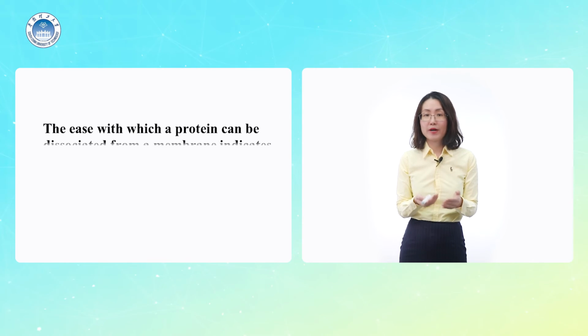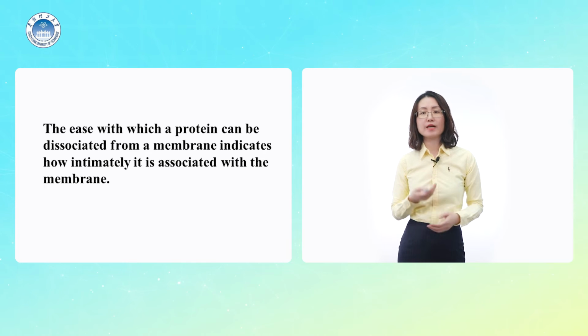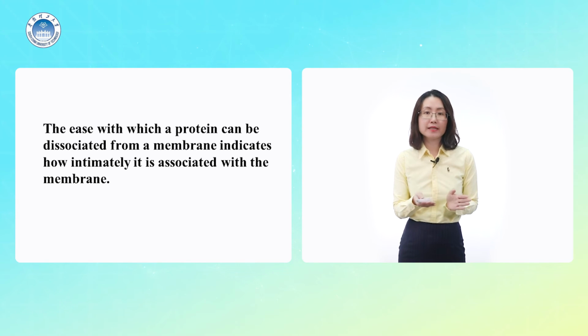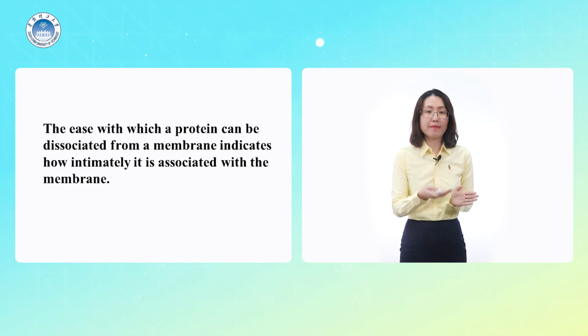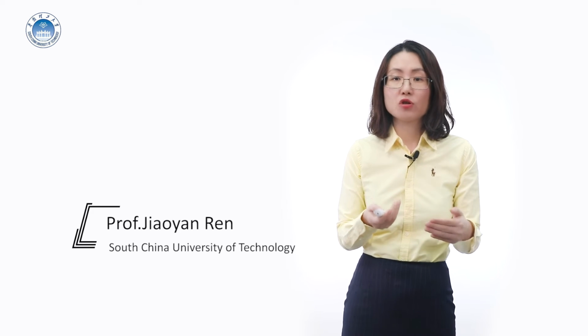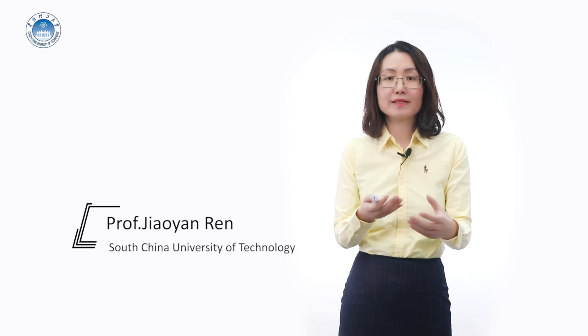The ease with which a protein can be dissociated from a membrane indicates how intimately or intermittently it is associated with the membrane. Some membrane proteins can be solubilized by relatively mild means, such as extraction by a solution of high ionic strength. Other membrane proteins are bound much more tenaciously, so they can be solubilized only by using a detergent or an organic solvent.